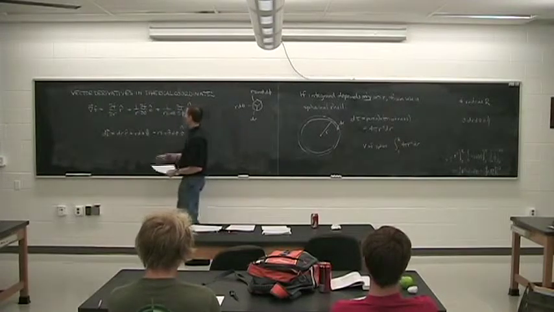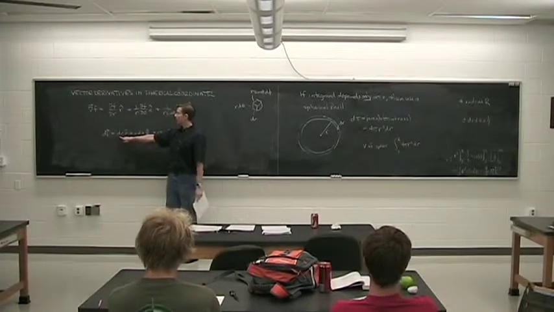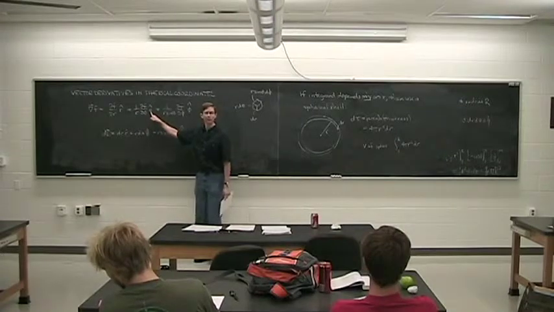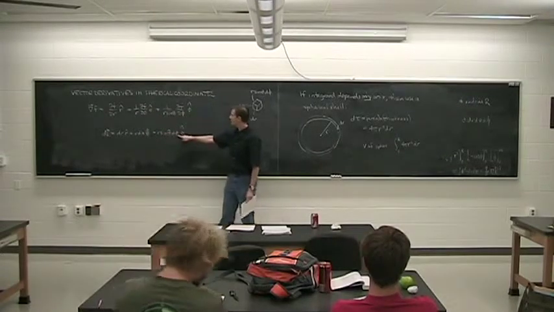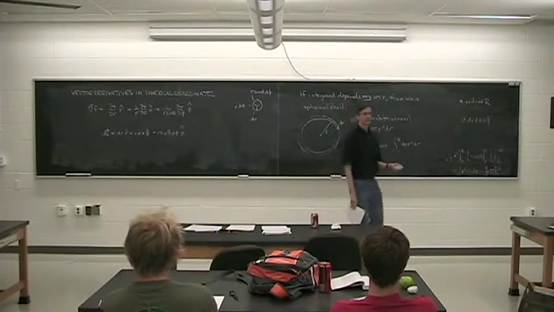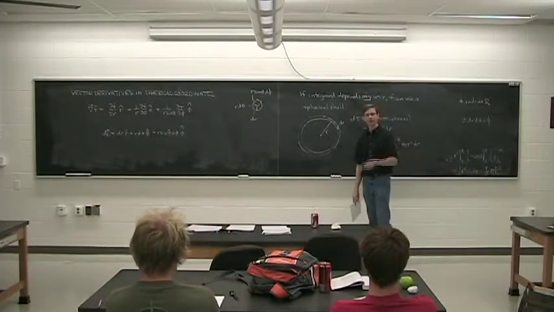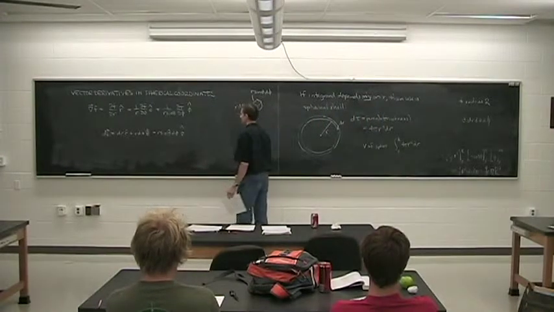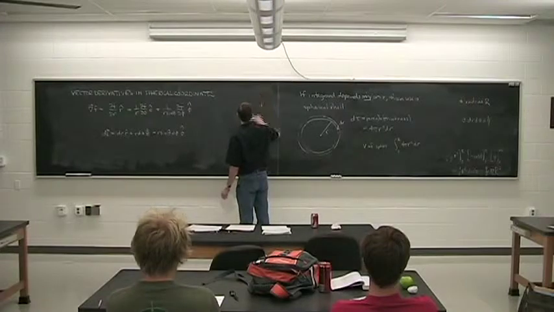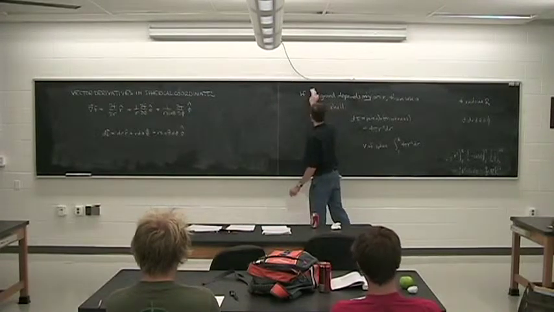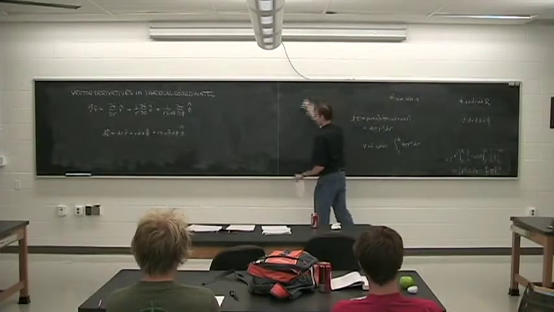So it looks sort of like you're taking df over dr for the r hat component, plus df over r d theta for the theta hat component, and df over r sine theta d phi for the phi hat component. So for finding the components of the gradient, you just divide by the corresponding components of the line element. As long as you remember what the line element is, or derive it if you forget, you can easily write down the expression for the gradient in your curvilinear coordinates.